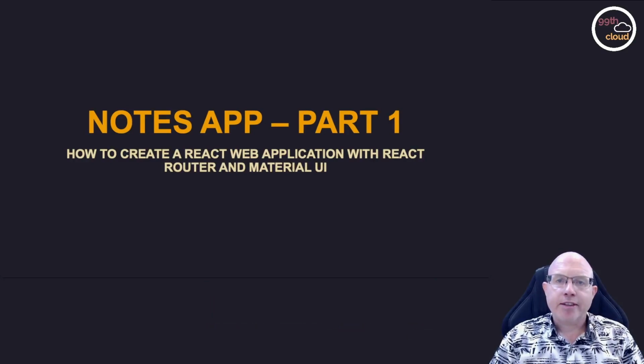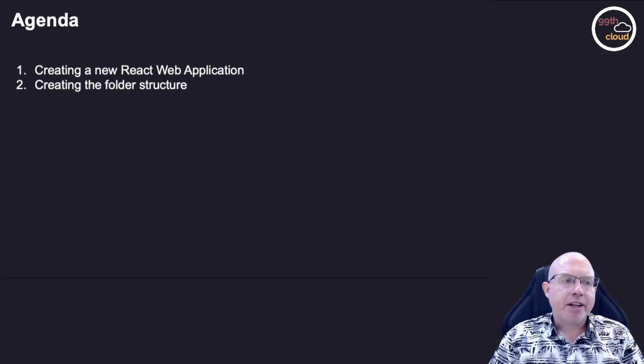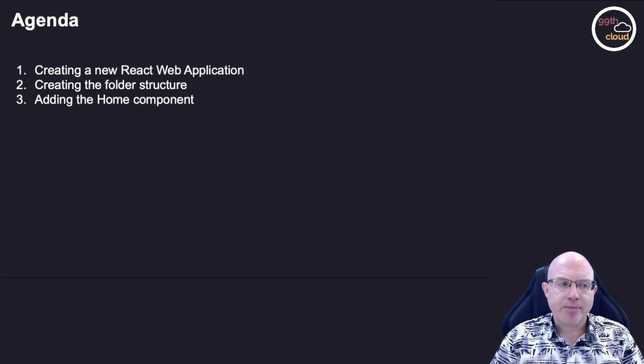Let's have a look at the agenda so that we know what's covered in this tutorial. First, we will create a new React web application. Then we will set up a folder structure based on React best practices. After that, we will be adding a home component, which is basically the home page, so the page that loads when the user navigates onto the application.